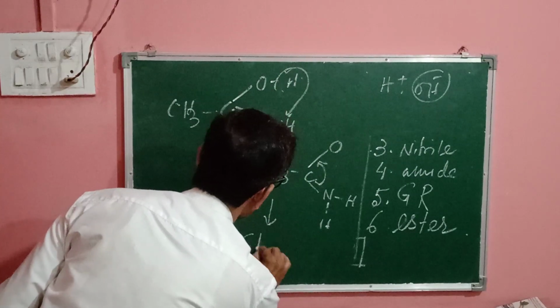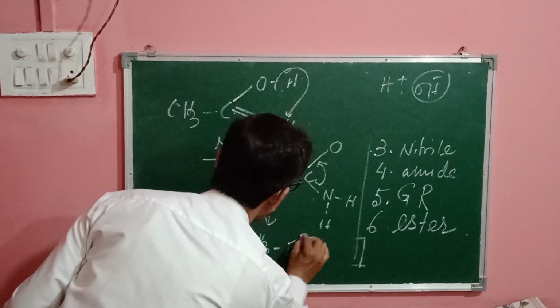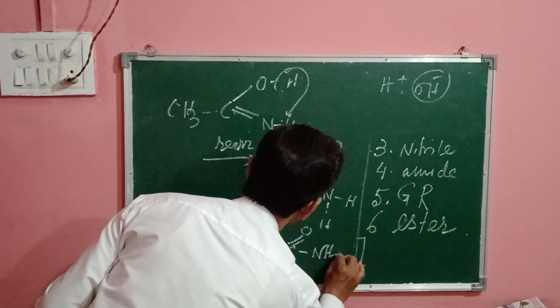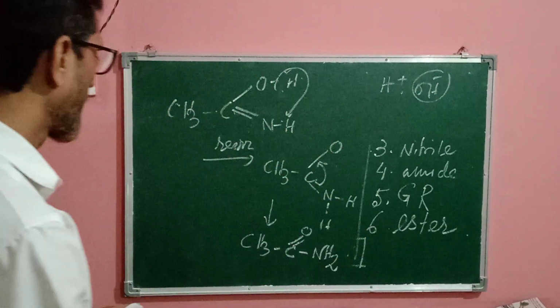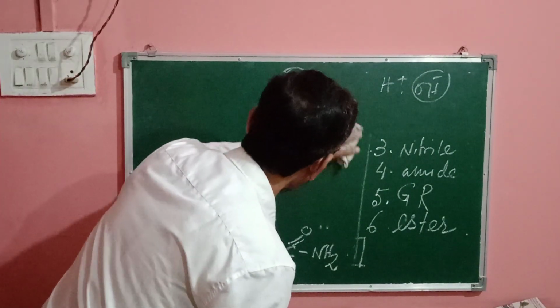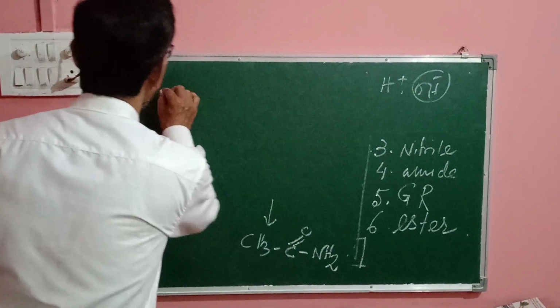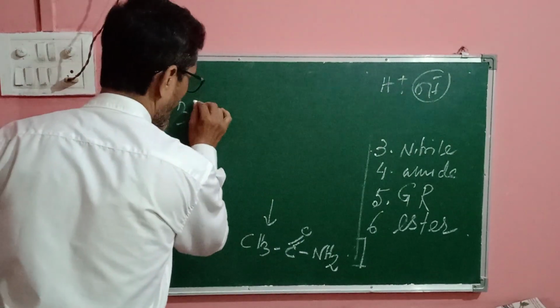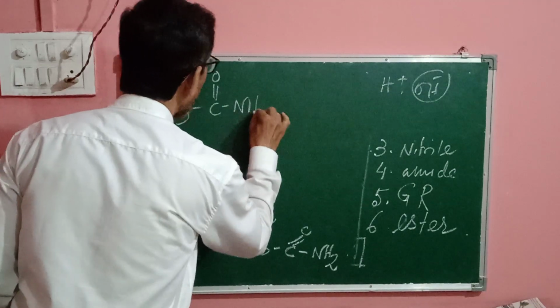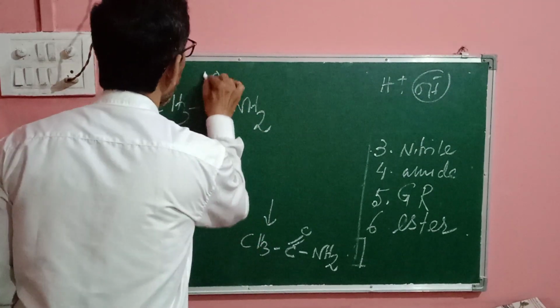So you are getting CH3, C double bond O, NH2. So finally you are getting CH3 CONH2. Is it not an amide? This is an amide.